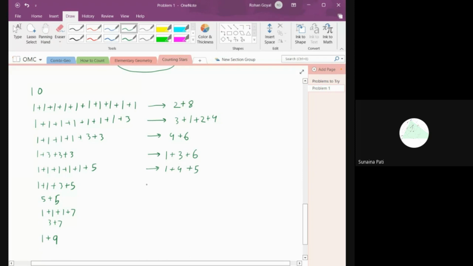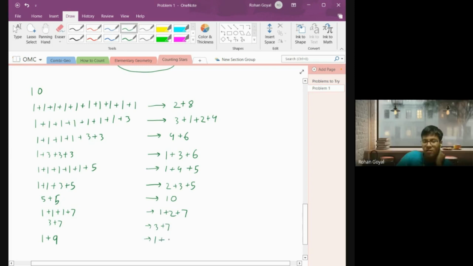Then we have 2, 3, 5. Then we have 10. Then 3 is 1 plus 2 plus 7. Then 3 plus 7, 1 plus 9.